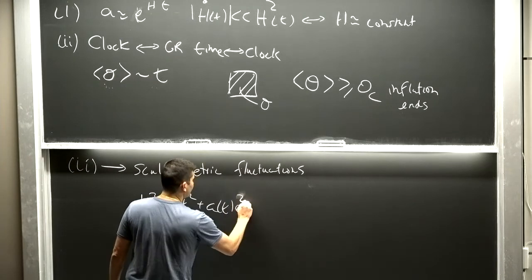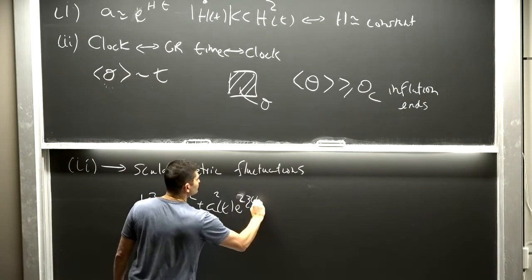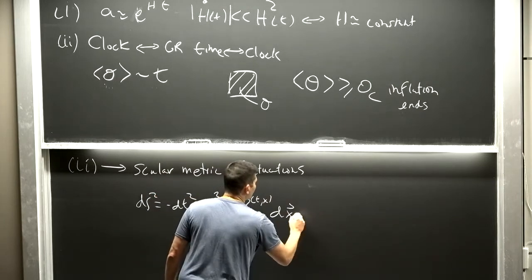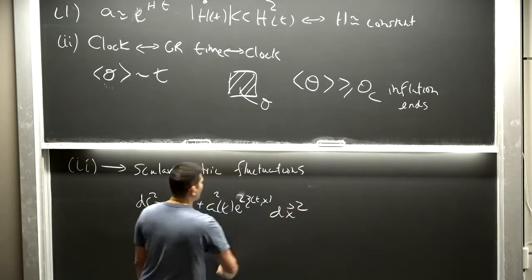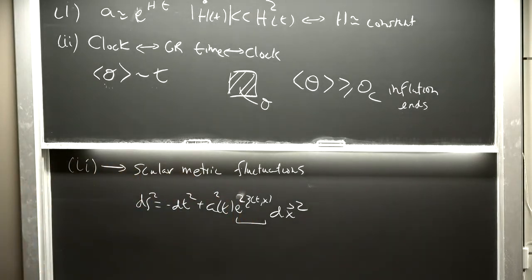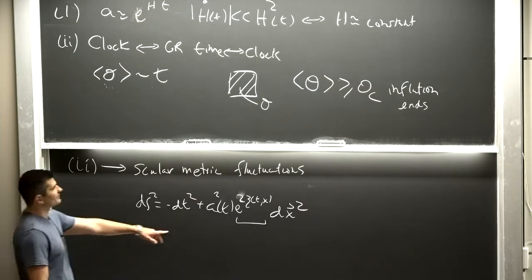I'm going to define the metric this way. And now I want to ask, I introduced this thing here. Okay, this was going to be my scalar metric fluctuation. So why do I have to have this?